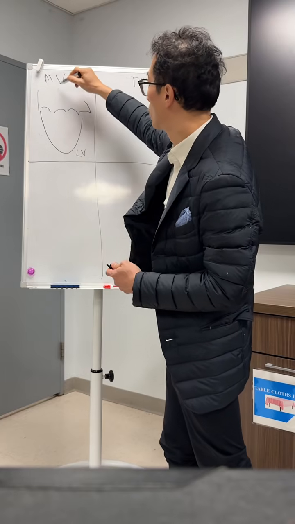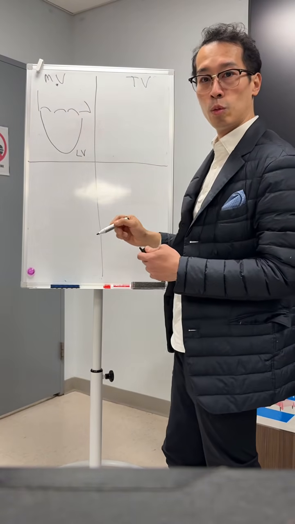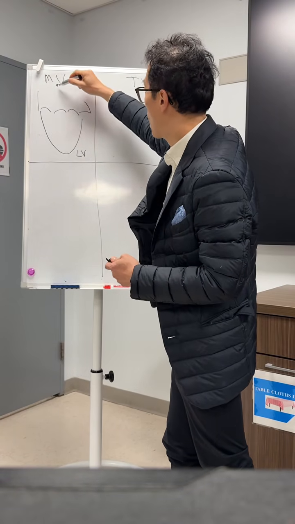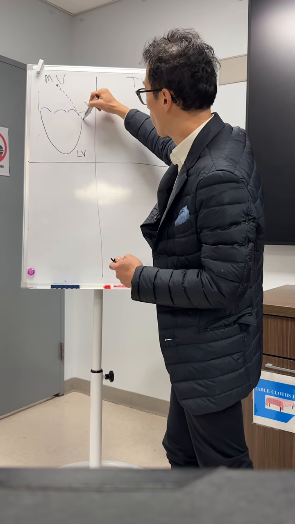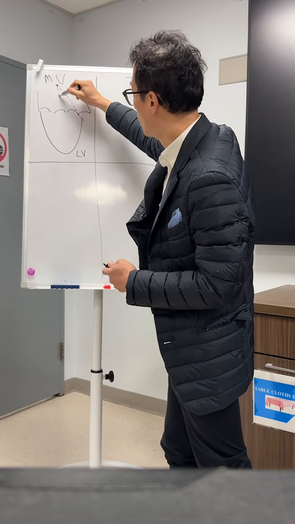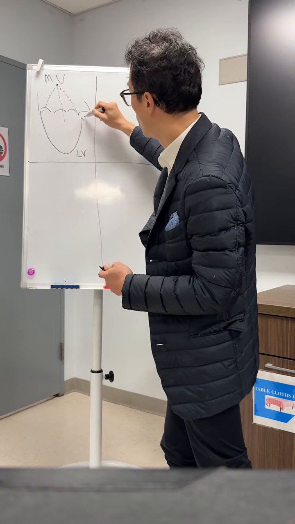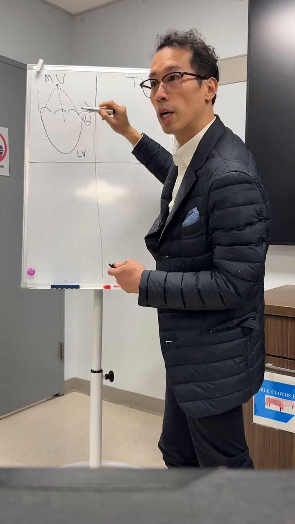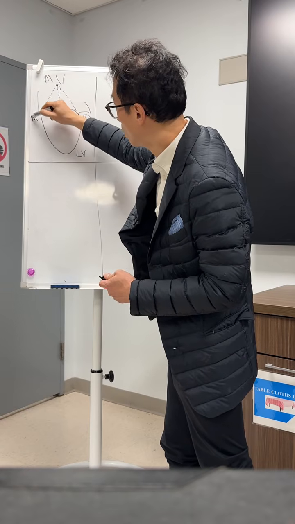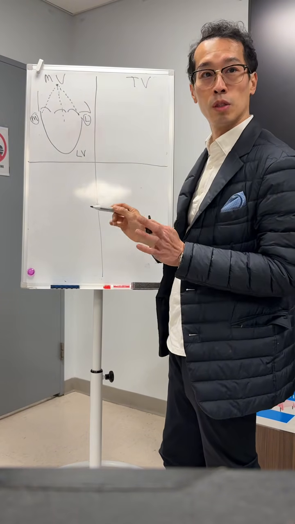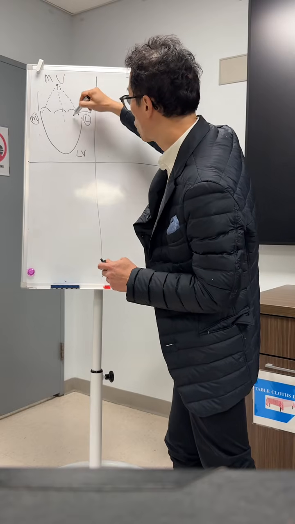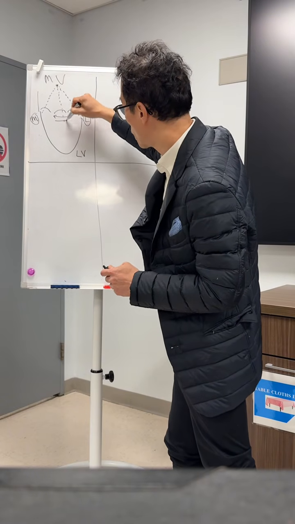Okay, so when you scan for the anatomy, you do a sweep, going this way, and then you sweep along from lateral to medial. So far, so good? You can sweep this way or this way, it doesn't really matter.